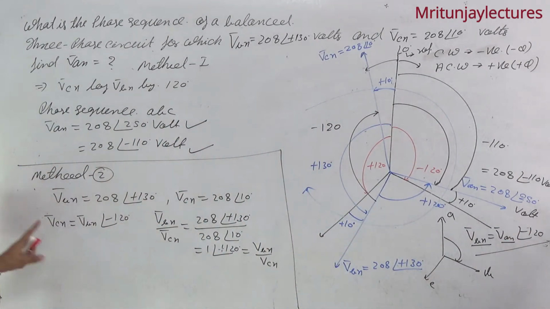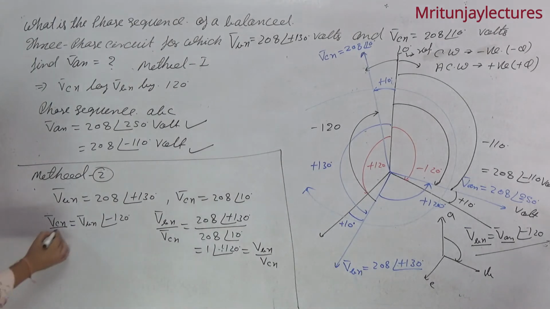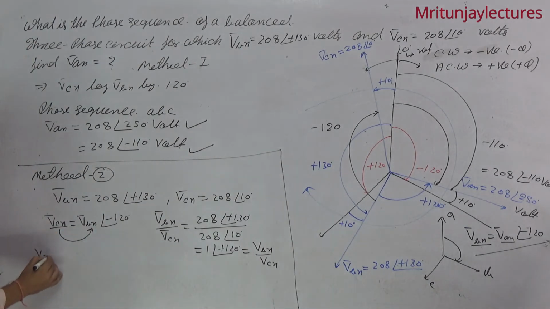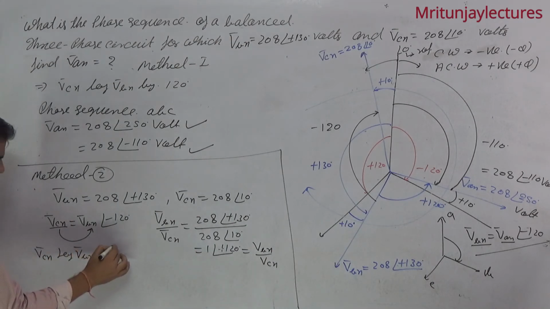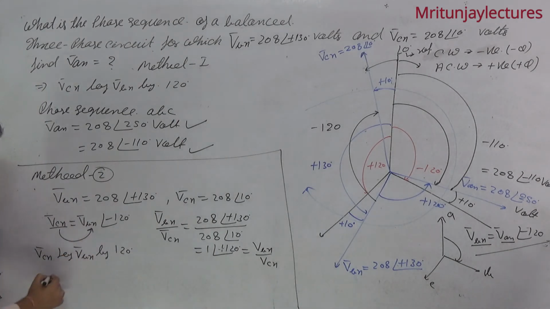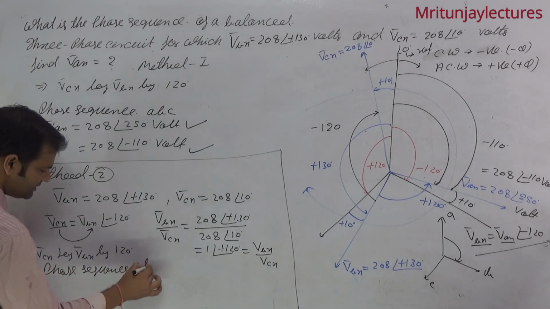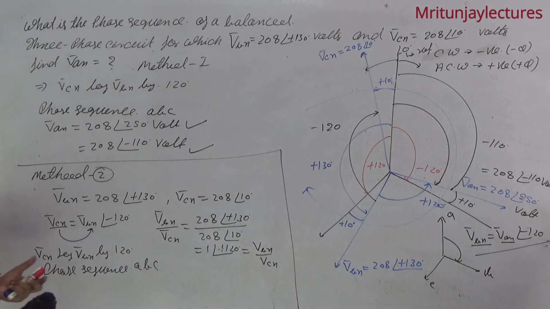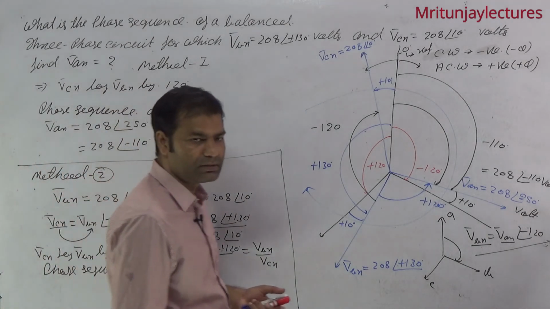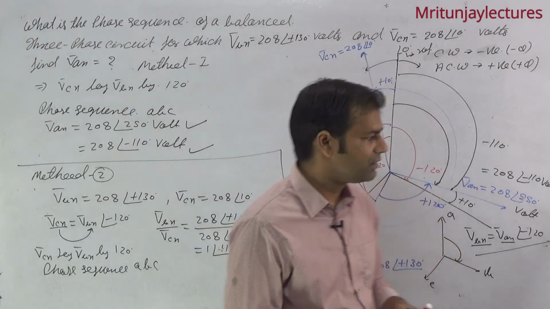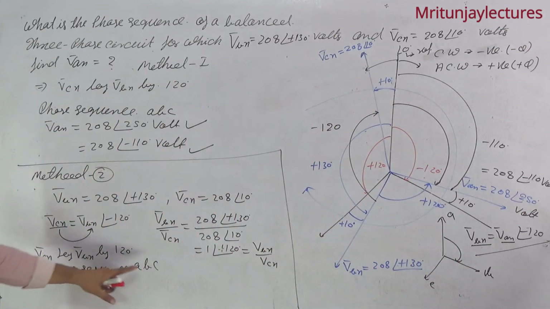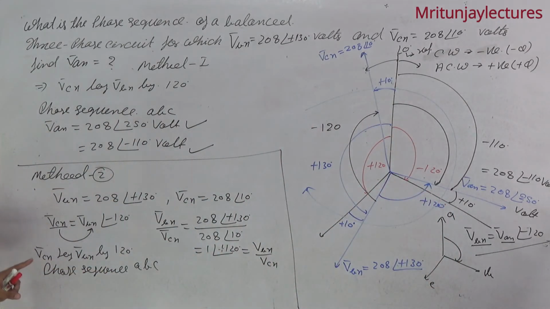So here VCN lags VBN by 120. So this type of phase sequence is ABC. Clear? If C lags behind B, it means that is ABC. That is why the phase sequence is ABC.